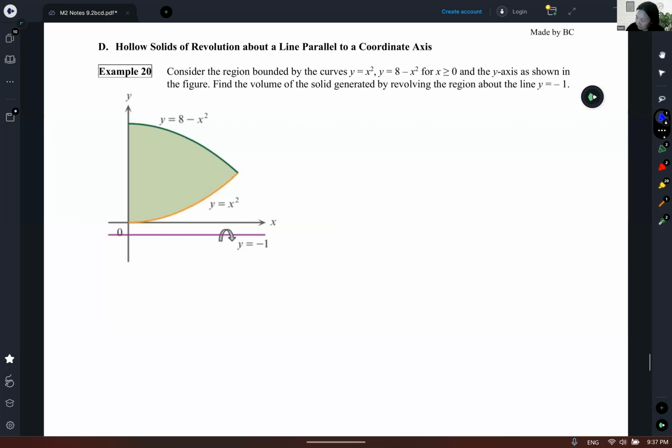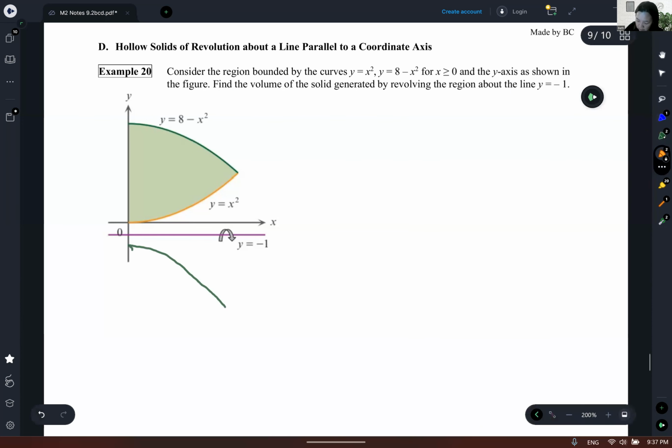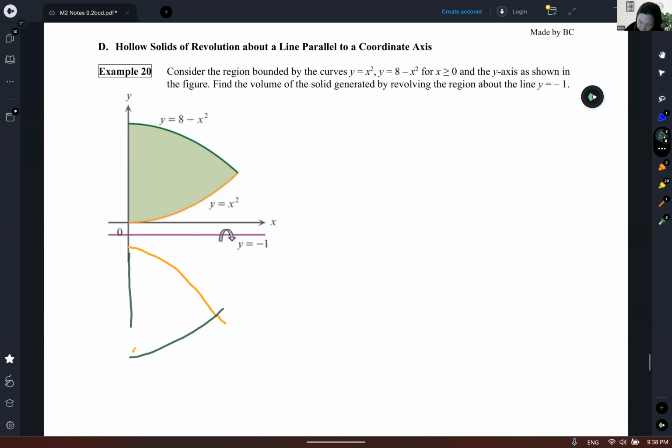Okay. Let me draw the other side. I drew it wrong. I should draw this one. Sorry. And this one. Actually, the color does not matter.